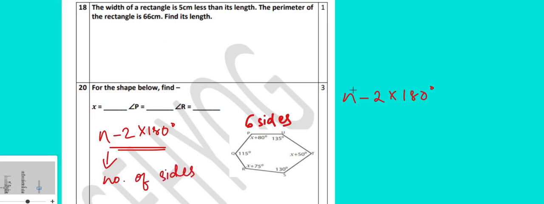We have 6 sides, therefore we put 6 minus 2 into 180 degrees, which is equal to 4 into 180 degrees, which is equal to 720 degrees.